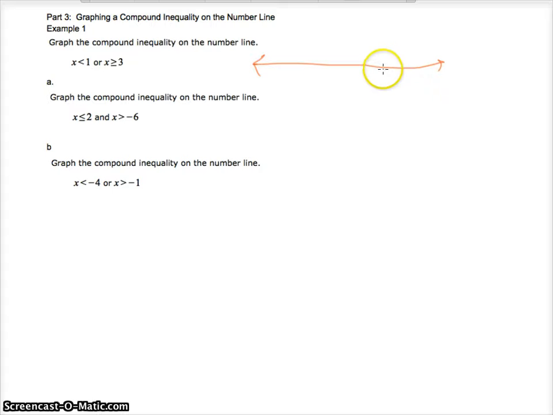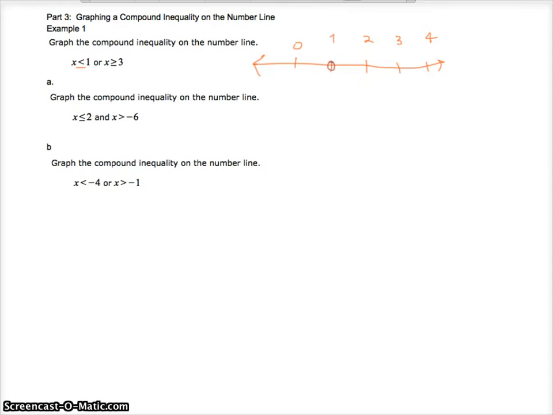So we have 1, 2, 3, and 4. We'll label them 1, 2, 3, 4, and 0. It says graph x is less than 1, so I'm going to put an open circle because it's not equal to.